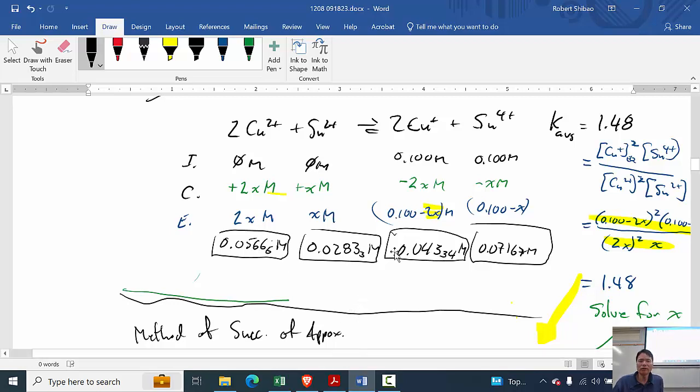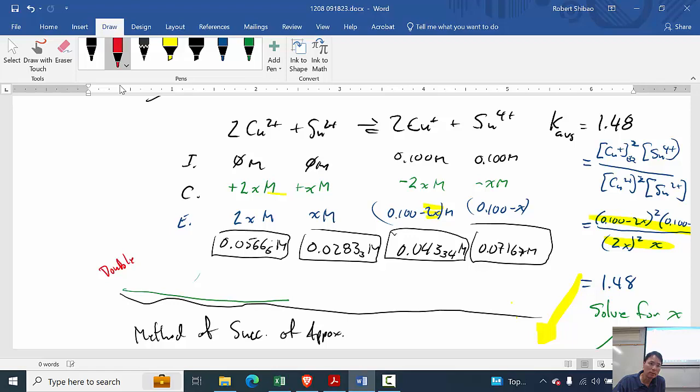So these are the equilibrium concentrations here, based on calculation using the equilibrium law. There's a way to double check our calculation. The double check involves plugging it into K and seeing if I get the right ratio. So I'll go ahead and take the concentration of the products, 0.04334.